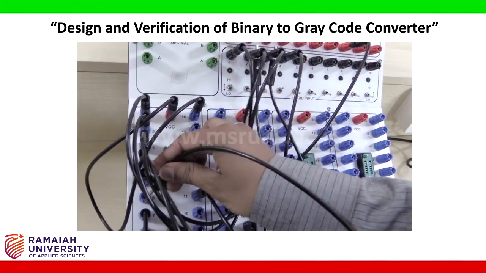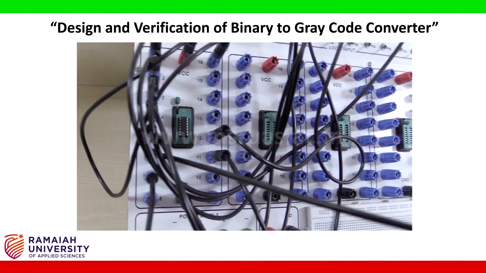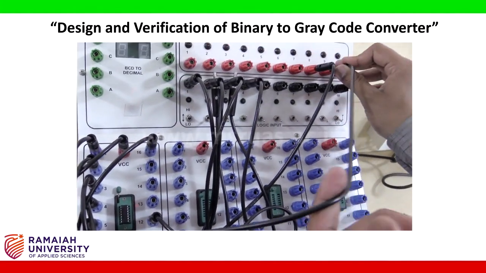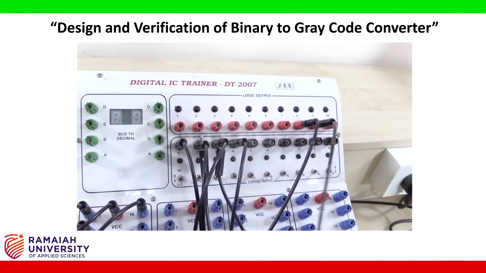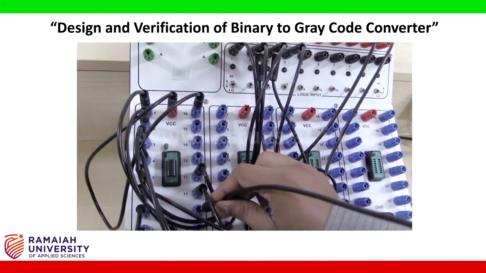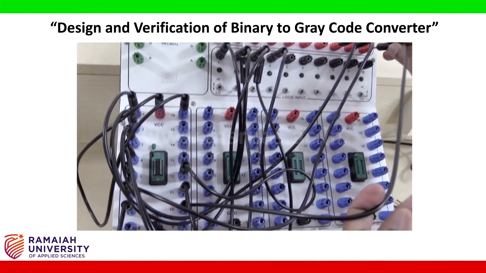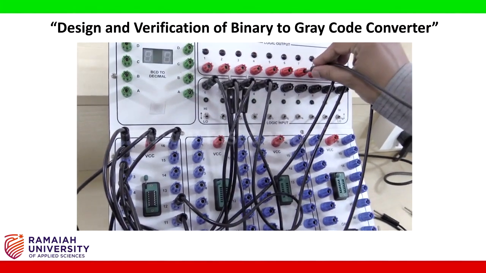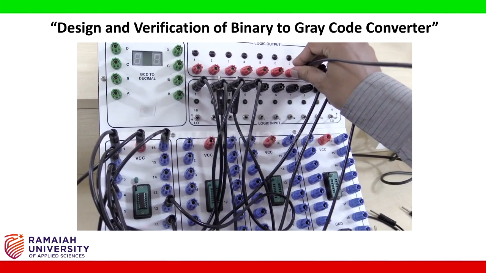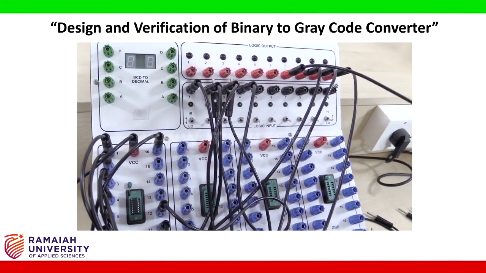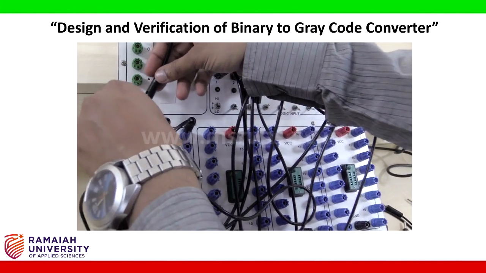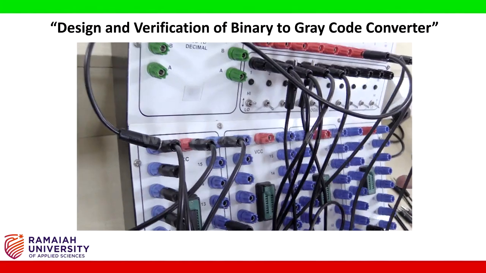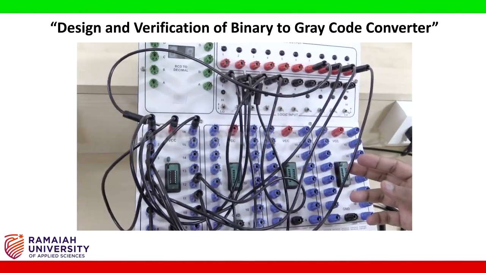Pin number 6 of the XOR gate is connected as the third output, that is G1. Here I am connecting. Pin number 8 of the XOR gate is connected as the last output, that is G0. And one more output, that is G3. I am connecting it here. G3 is directly connected to pin number 1. So this completes the circuit connections.